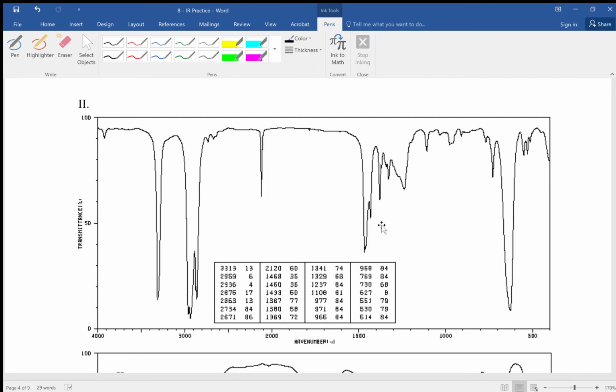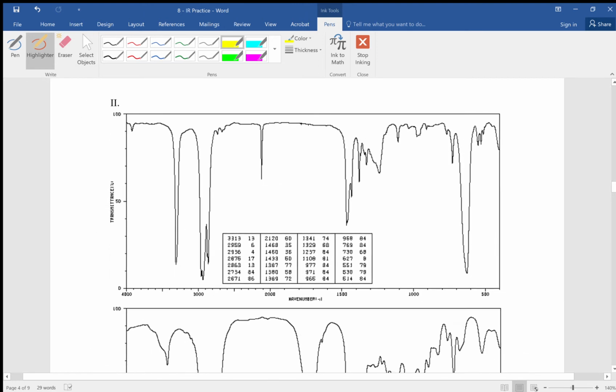So looking at this compound, the peaks that are of significance to me are this one, as well as that one. And for some reason we're not drawing on here anymore.